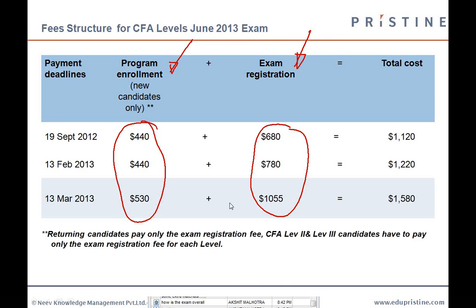So if I were you, what I would do is study using CFA Institute textbooks or Schweser notes, and come prepared for classes. In the Pristine lectures, I would ask questions which bother me when I have studied, or questions regarding the practical importance of certain topics.